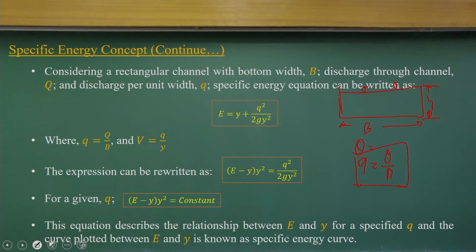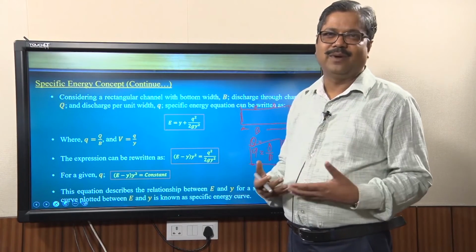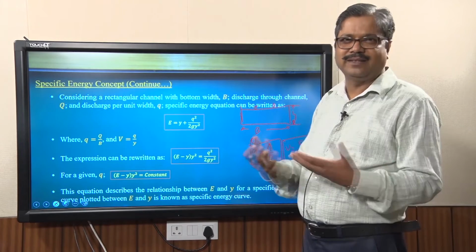If I put it that way, then y is the variable. So I can easily write the velocity as q by y. That is very simple: discharge is equal to velocity into area, and here we have considered the discharge per unit width divided by the depth, which gives the velocity.